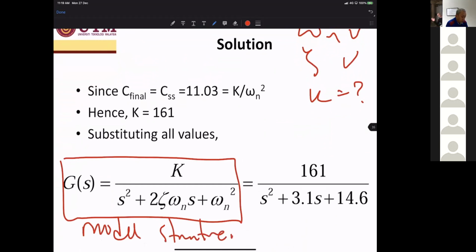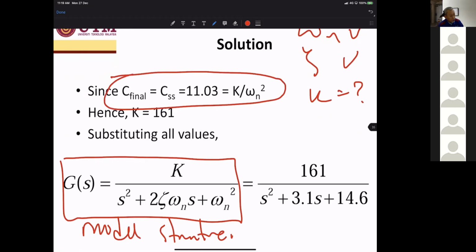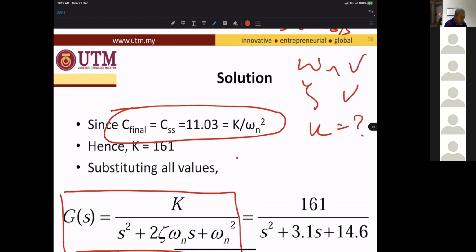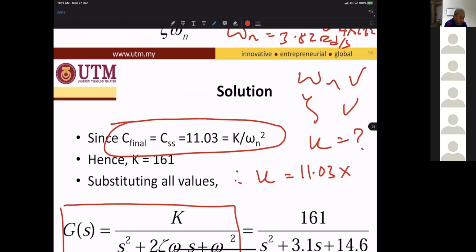The final value is 11.03, which is equal to k divided by omega n squared, where omega n is 3.82. So 11.03 multiplied by 3.82 gives k equal to 161.